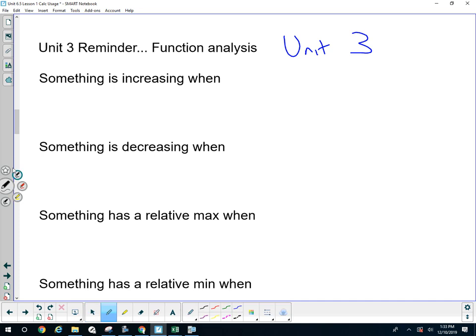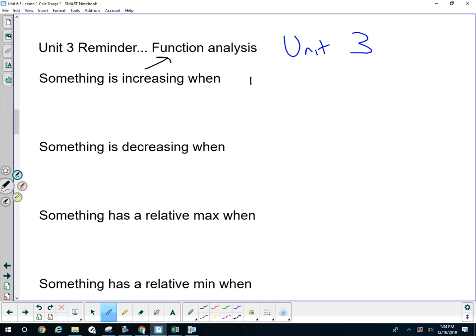Something is increasing when its values are going up, right? What calculus thing can tell us when something is going up? What about the derivative? Yes.